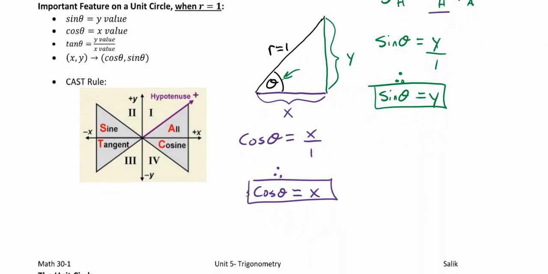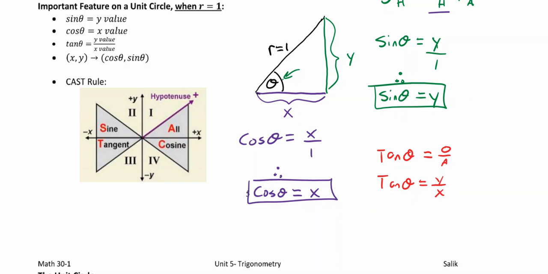Now with tan theta, it's actually just the y value over the x value. Well, that makes sense, because tan theta is equal to opposite over, sorry, opposite over adjacent, my bad. So our opposite is y, and our adjacent is x.